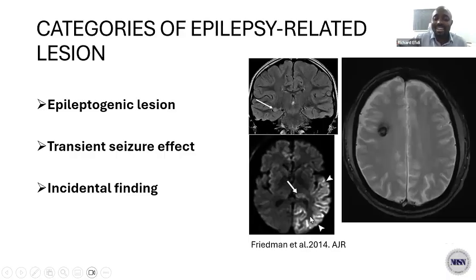The characteristic feature is that if we repeat this MRI, this will disappear after some time. Then the third are the incidental findings, which also have the potential for causing epilepsy, but they are not responsible for the cause of epilepsy in the patient under examination.